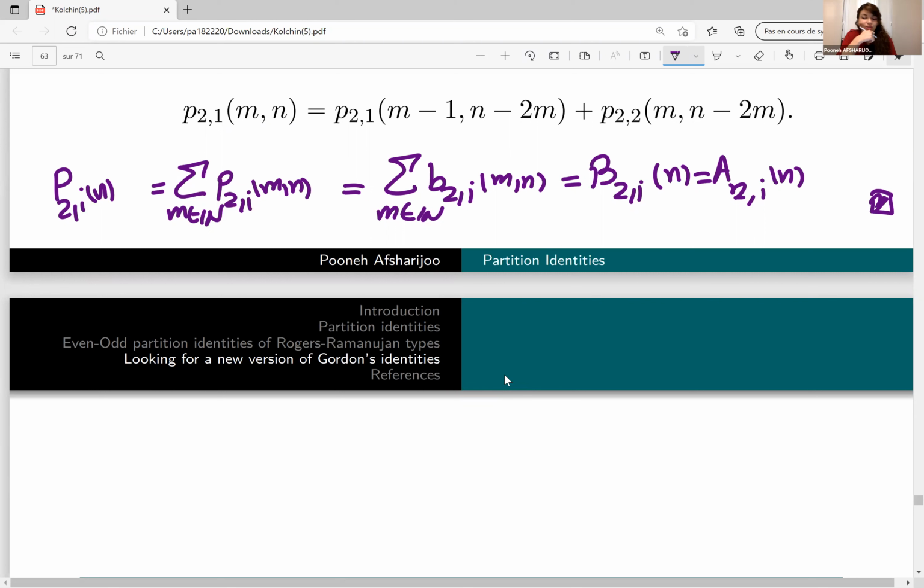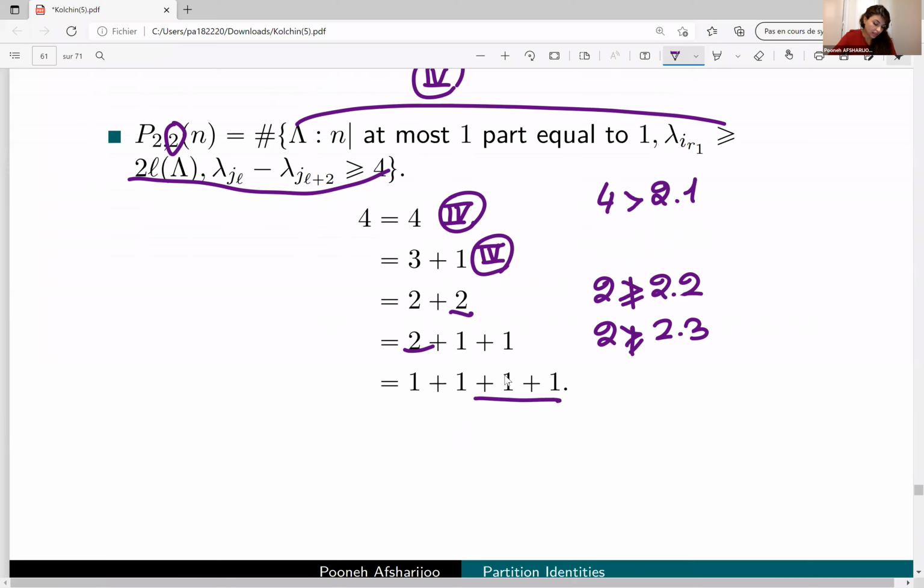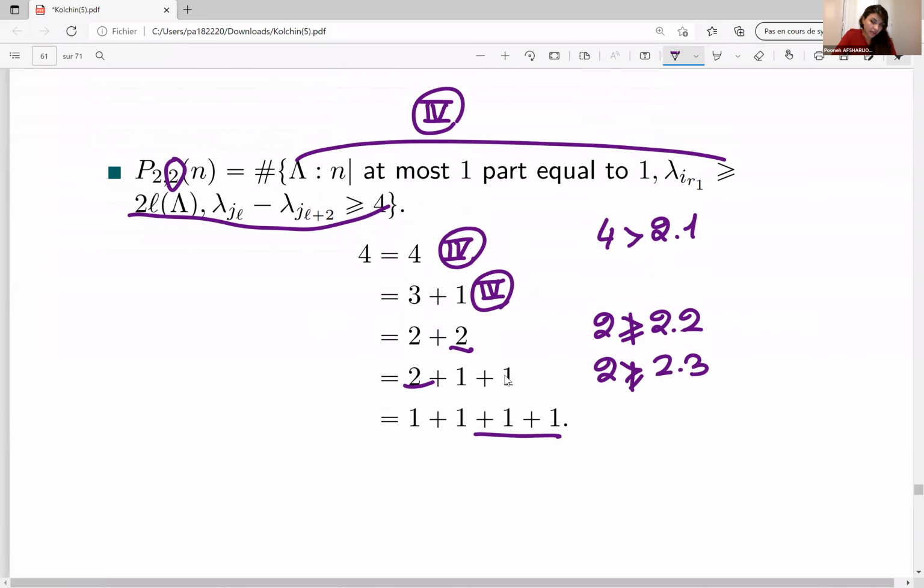I don't think that you can do it because it's not... I know that there is another member of Gordon's identities, which was found... Well, I'm not saying the very general Gordon.